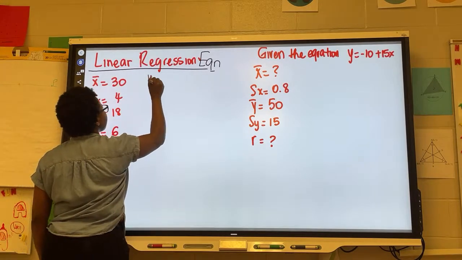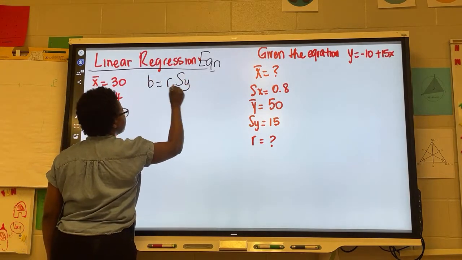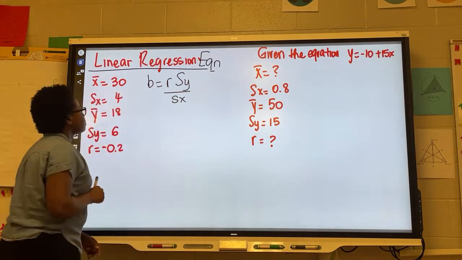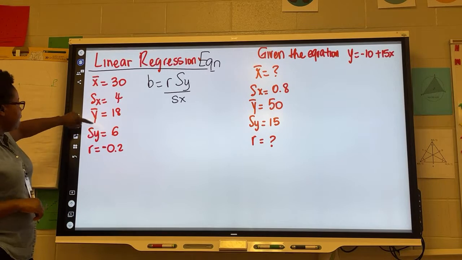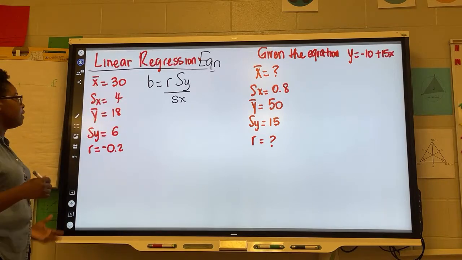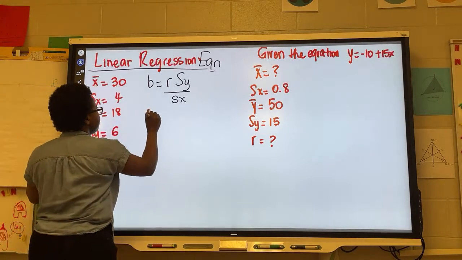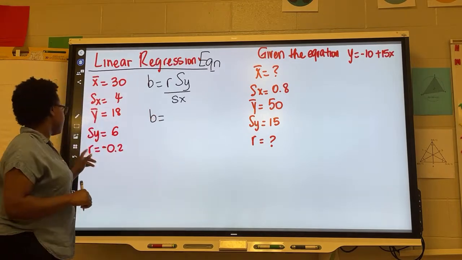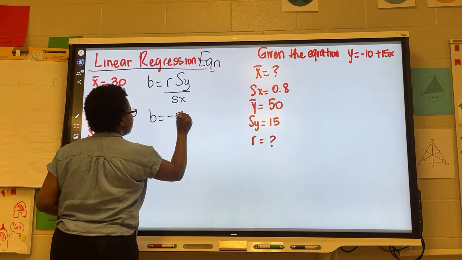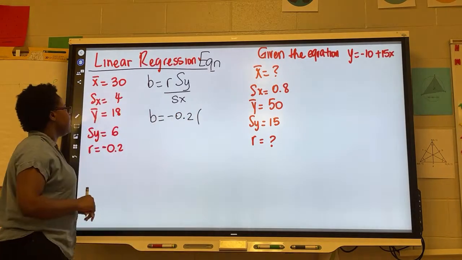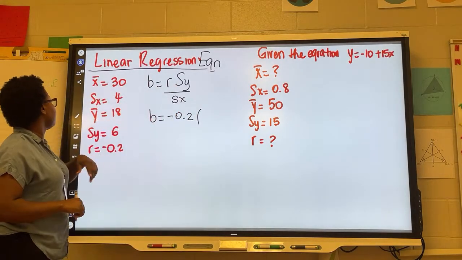So b is equal to r times sy over sx. To find the value of b, which is your slope, you need to put these values into the equation. So b is equal to r. R is negative 0.2, in parentheses because these two are multiplying.